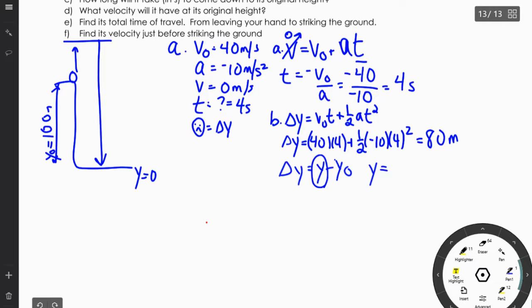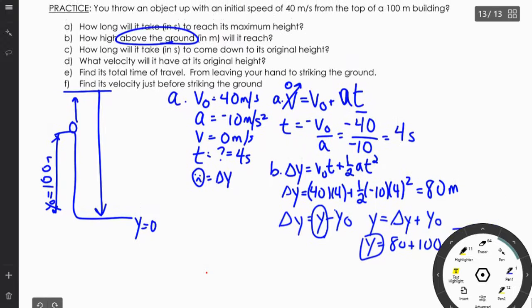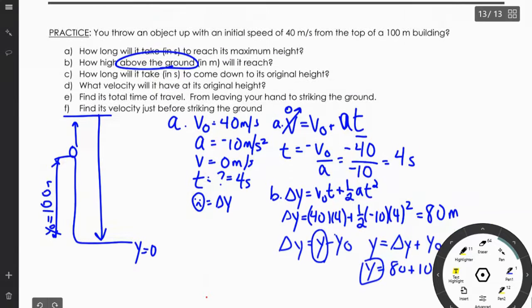So we're going to say y equals delta y plus y0, so 80 plus 100. Our answer to part B is actually 180 meters. So you do have to be careful how they phrase it. Again, remember, in physics, motion is relative, so we're looking for a point to which it's related.